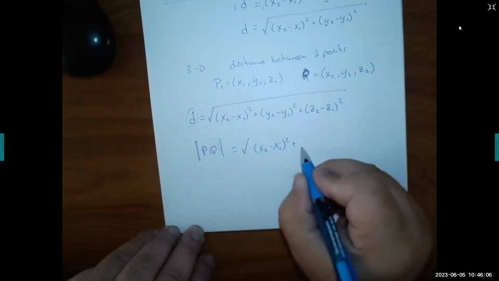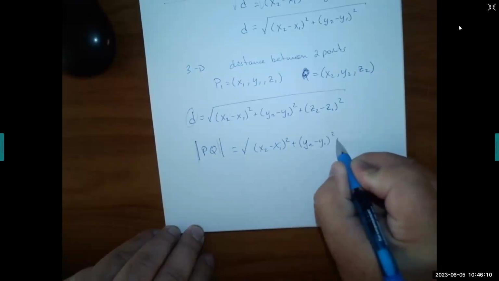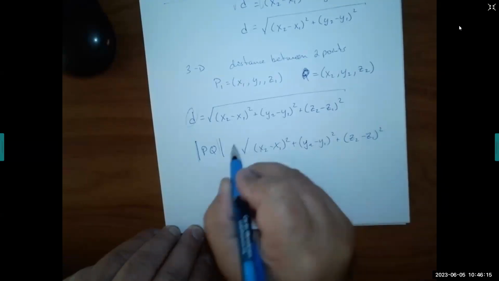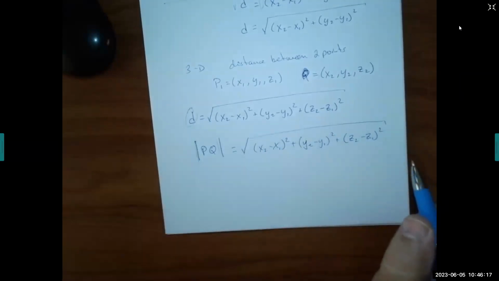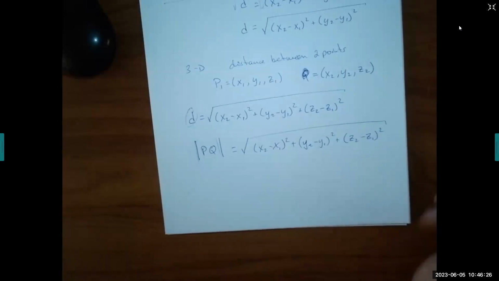So using these absolute value signs, what we're looking at here, so that's our formula for the distance between 2 points in 3-dimensional space.